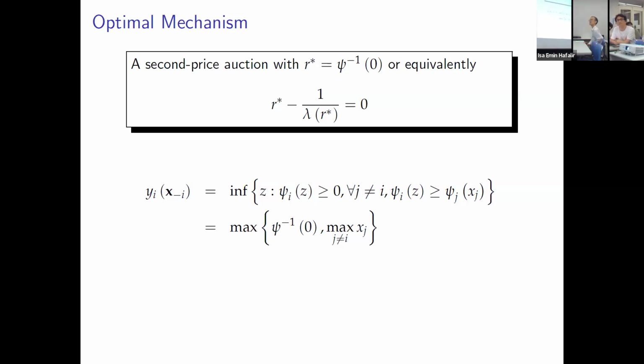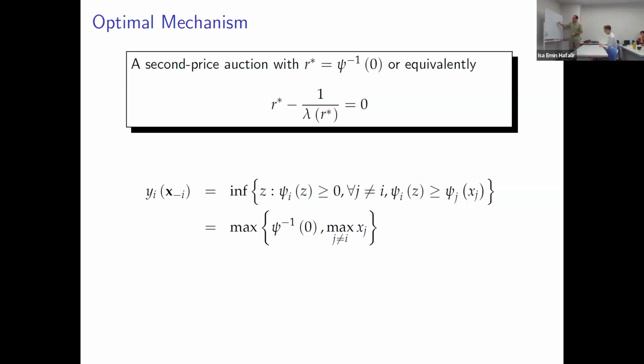Myerson has this ironing technique, if the virtual value function has this kind of shape. It's not the case that for all value distributions the virtual value function is increasing, but for most value distributions, like many that practice uses, such as log-concave functions and a wide variety of others, virtual values are increasing, but sometimes they are not.